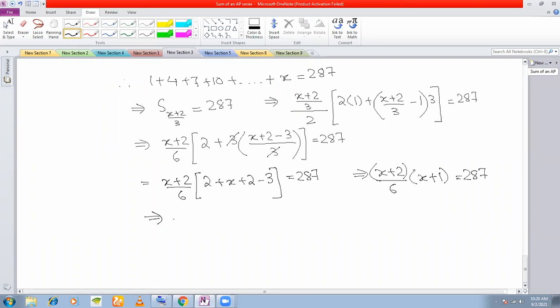So now you multiply (x plus 1) into (x plus 2), you get x square plus 3x plus 2 divided by 6 is equal to 287. That means x square plus 3x plus 2 is equal to 287 into 6.